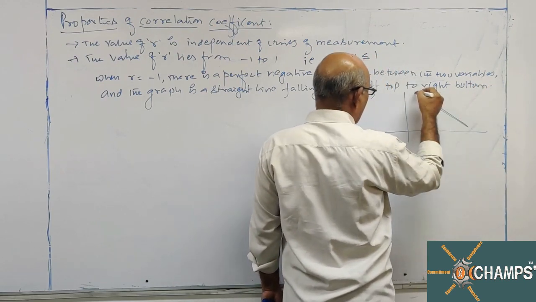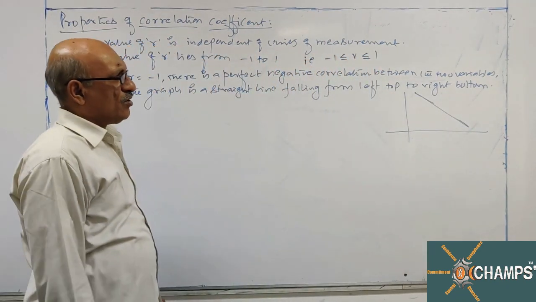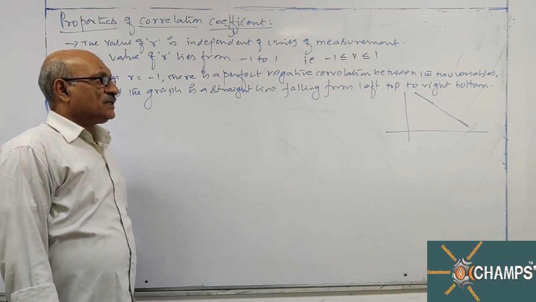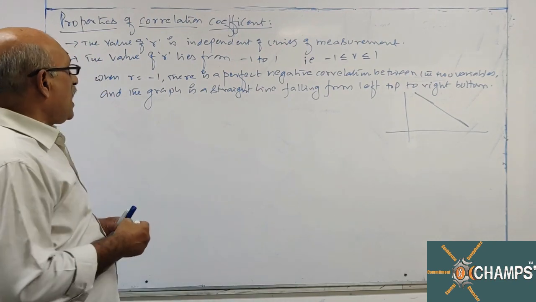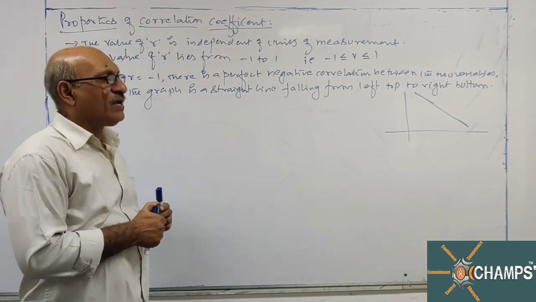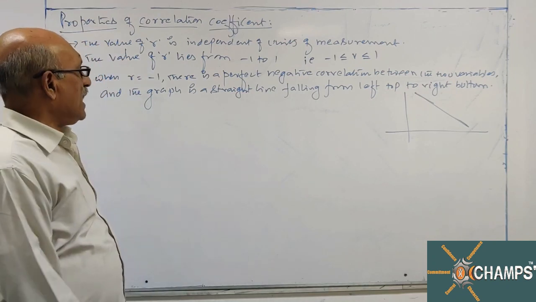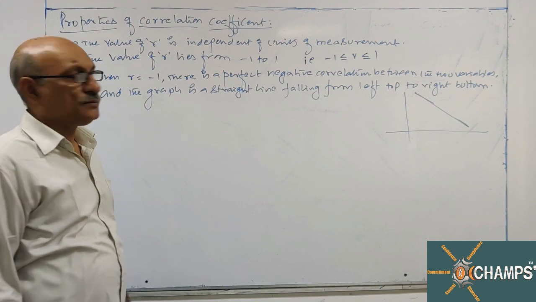So the scatter diagram is this way. It is falling from left top to right bottom. Graph or scatter diagram, one and the same. So when r is equal to -1, there is a perfect negative correlation between the two variables and the graph is a straight line falling from left top to right bottom.